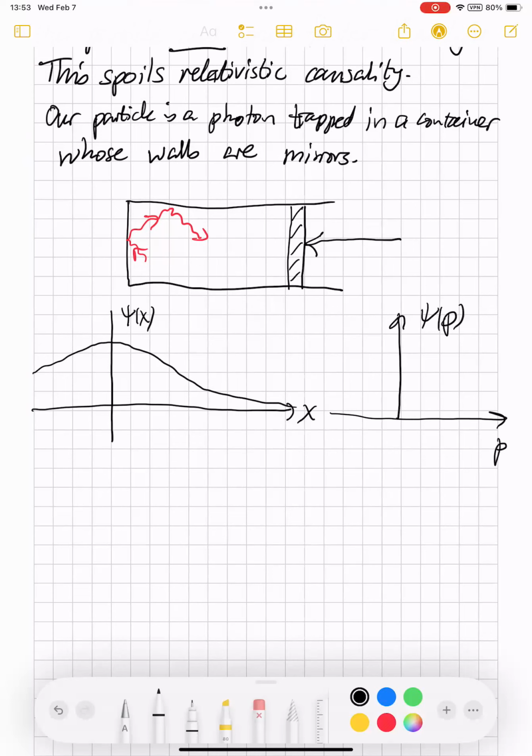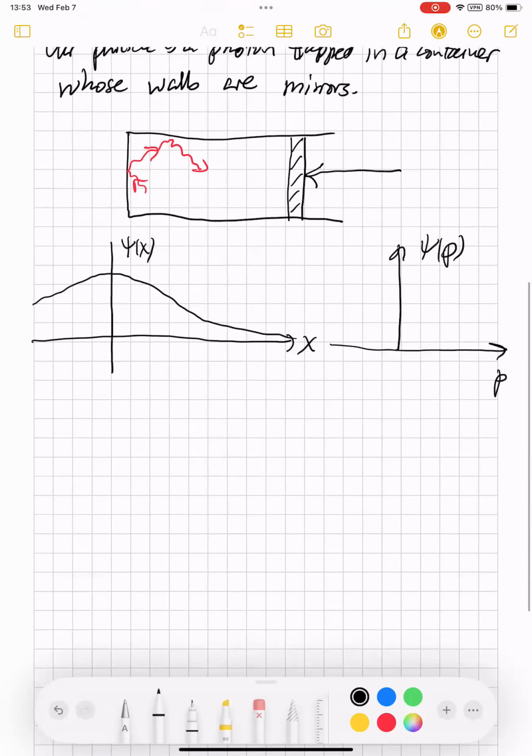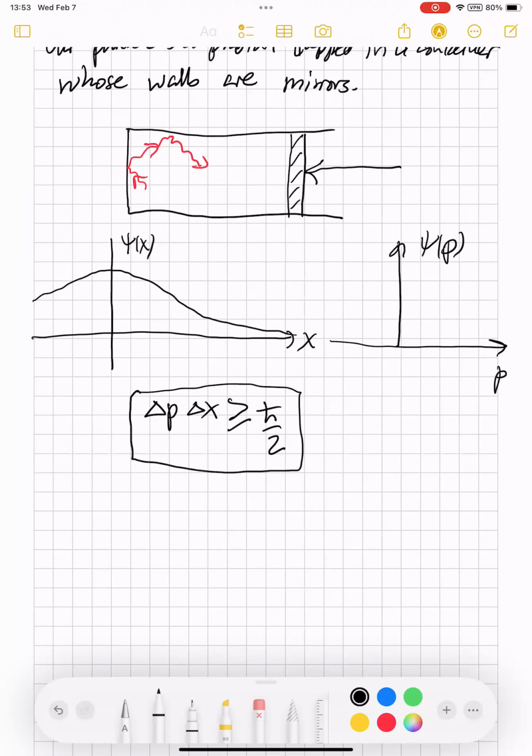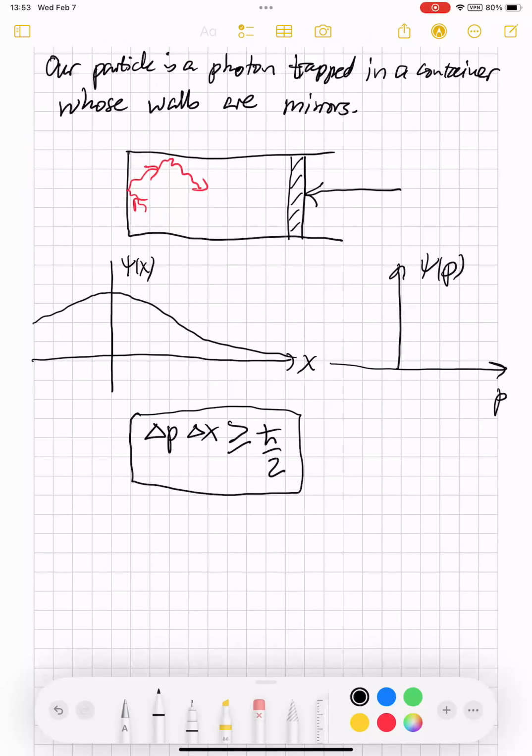And remember, the key formula to keep in mind here is delta p, delta x must be greater than or equal to h bar over 2. We must always respect the Heisenberg uncertainty relation. And initially, our particle is very spread out in x. We don't know where it is.